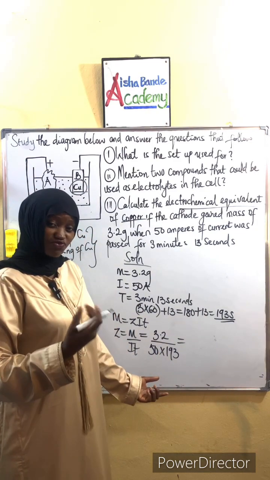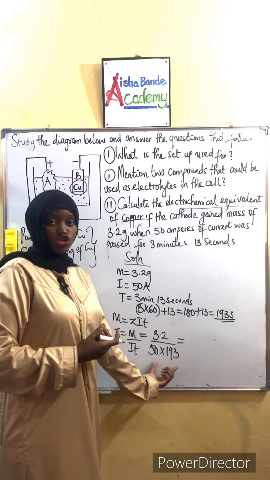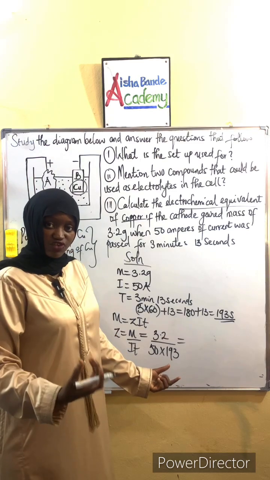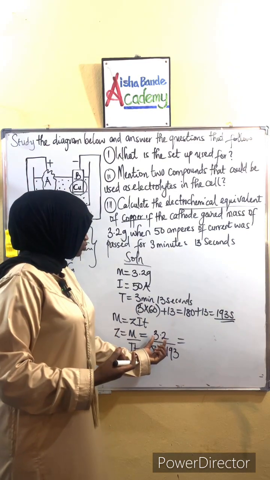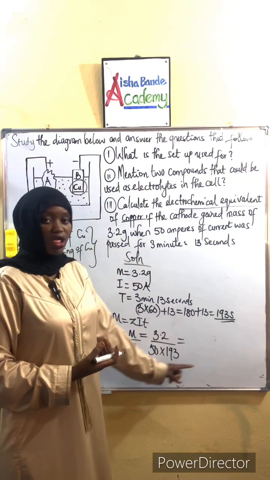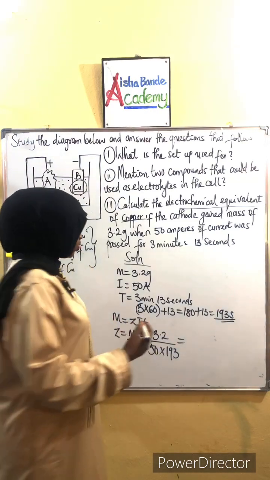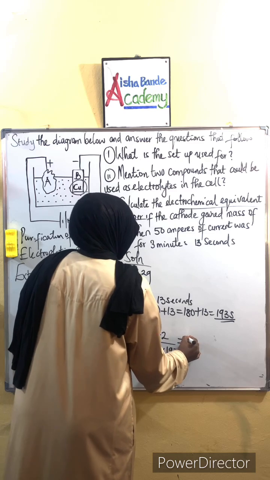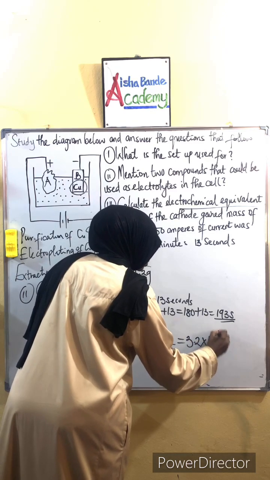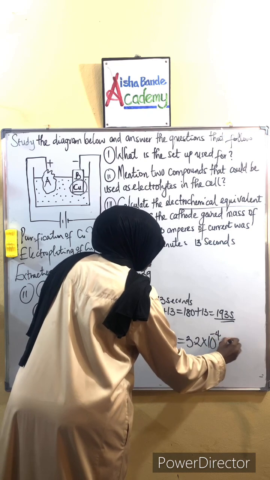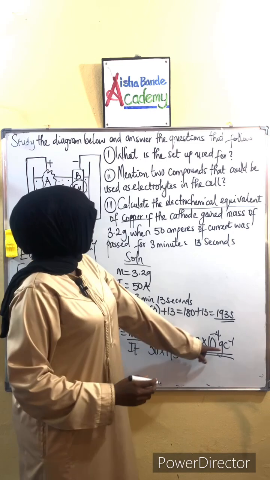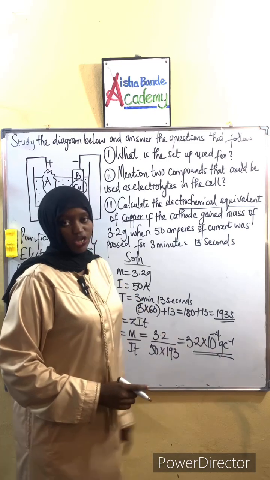So at first, I advise my students to take the denominator here, multiply 50 times 193, whatever value you get, then you divide 3.2 by the value gotten at the denominator, and that gives you your final answer. And when we do this, this gives us a value of 3.2 times 10 to the power of minus 10 gram per coulomb. Okay, so this is the SI unit for electrochemical equivalents.